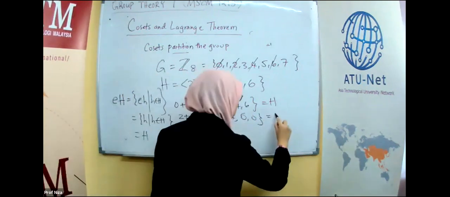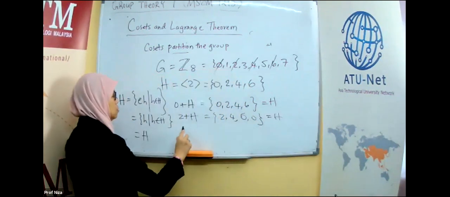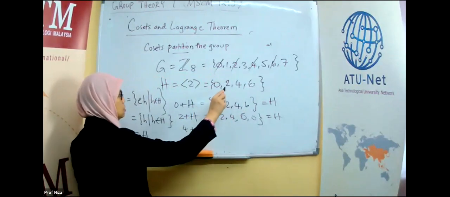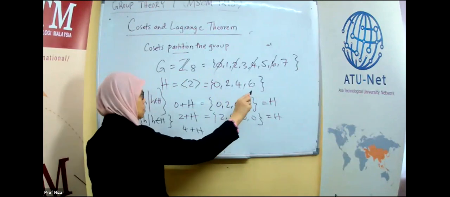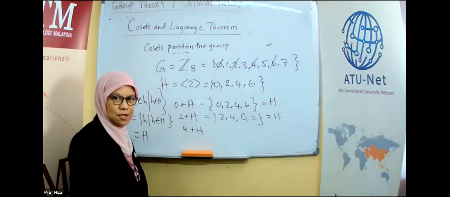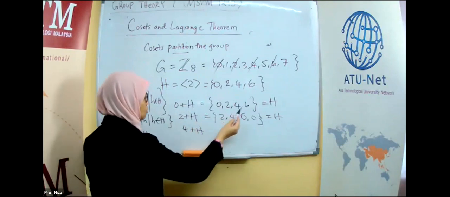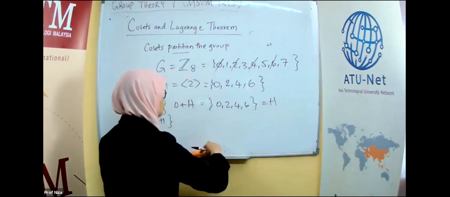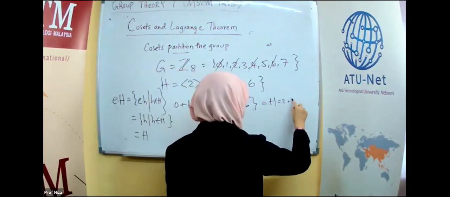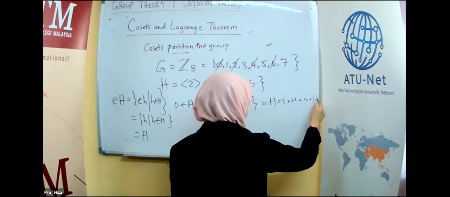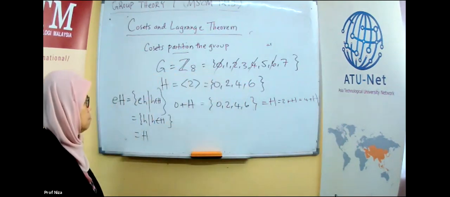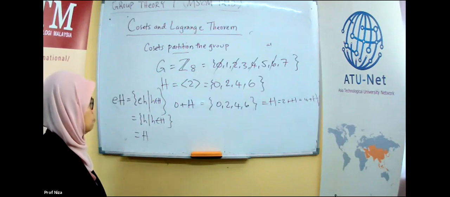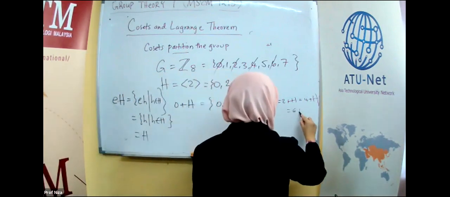This is H, right? And then you can do 4 plus H: 4, 6, 0, 2. Again H. So all of these are equal. I can just write 0 plus H equals 2 plus H equals 4 plus H, one more, 6 plus H.